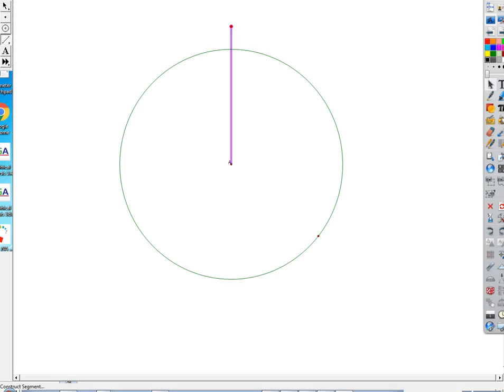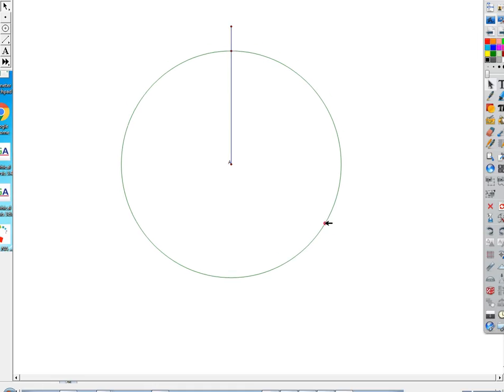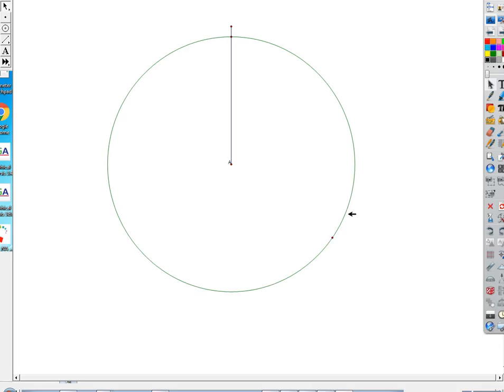There we go. Okay, now we go here, and I'm just going to create a point at that intersection, right there. Okay, and so there's one point. Now I'm going to create another point right down here, which I already have. Oh, hang on. I don't want to use that point.